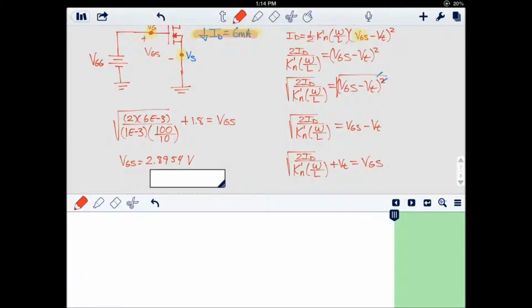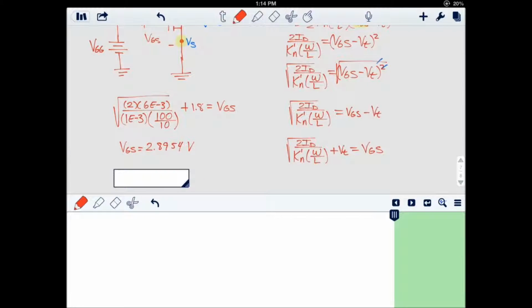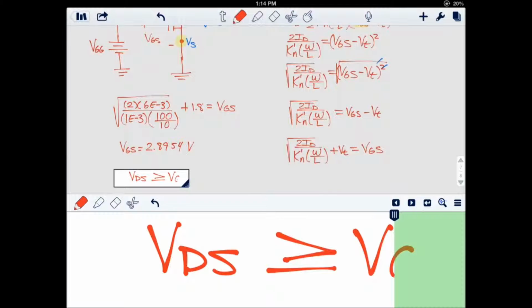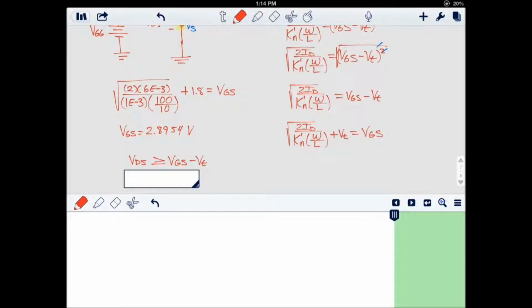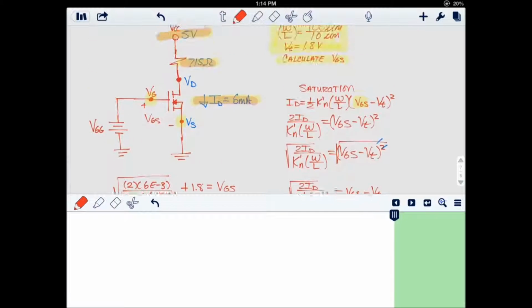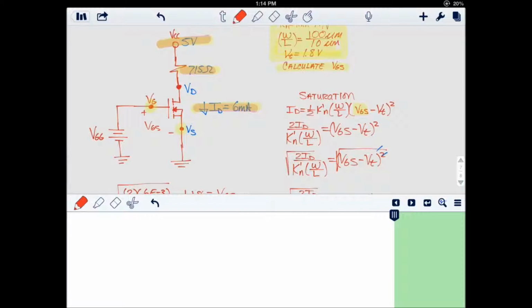Okay. Now that we have that calculated, all we have to do is see if this is true. How do we determine if this is true? Well, the voltage VDS has to be greater than the voltage VGS minus the threshold voltage for this to be true. How do we calculate the voltage VDS?